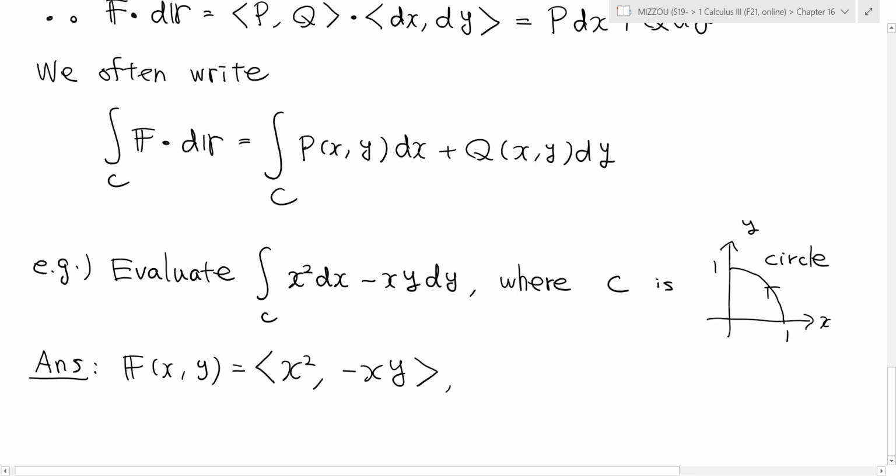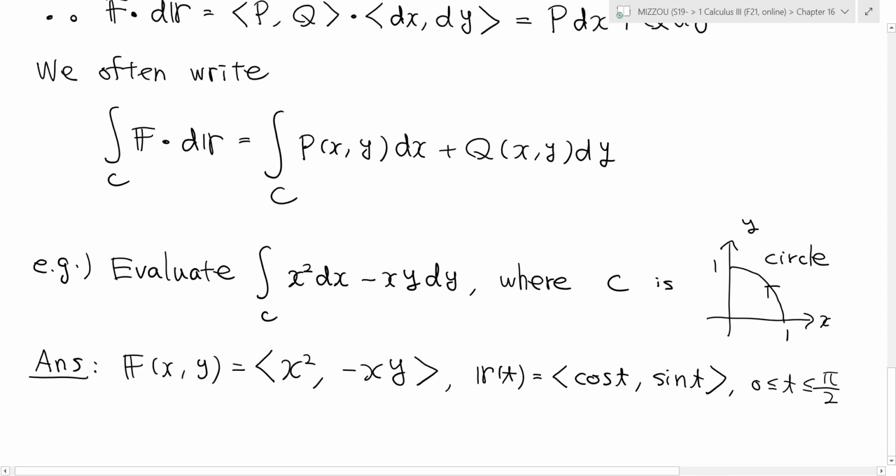And then you figure out the vector field you want to integrate, and then you parameterize the curve. But in this case, the curve is just a circle with radius 1. So this is cosine t and sine t. And then t is between 0 and pi over 2, because it's part of the circle, a quarter.